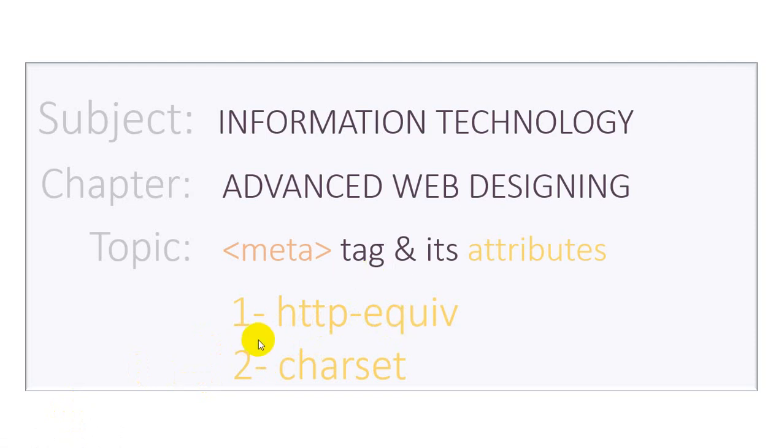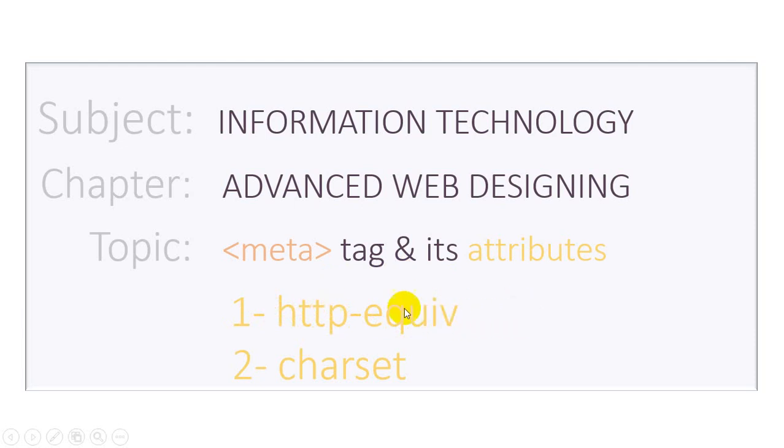Sometimes the user wants to refresh their website after every 5 seconds, 10 seconds, 15 seconds, or on the basis of user requirement. So the page can be refreshed by using one attribute of meta tag, that is HTTP equivalent or HTTP equiv, and inside the content attribute we can specify refresh.